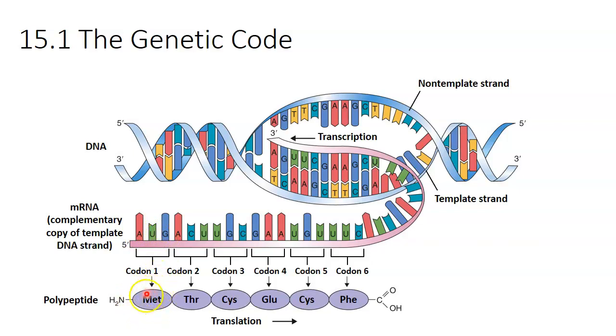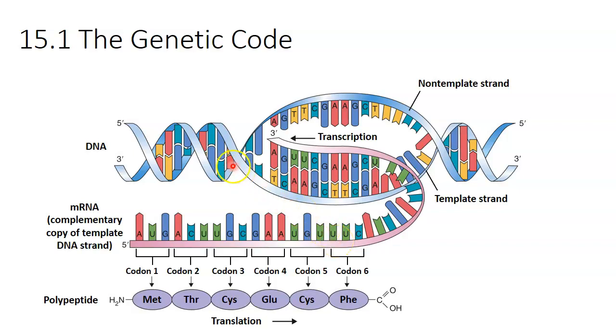It's methionine, or MET. Codon number 2 here reads ACU. That will cause the tRNA molecule carrying threonine to be brought into the ribosome. So that'll be our second one. And then this third codon, UGC, codes for cysteine. That'll be brought in. Codon number 4, GAA, codes for glutamine, and so on and so forth.